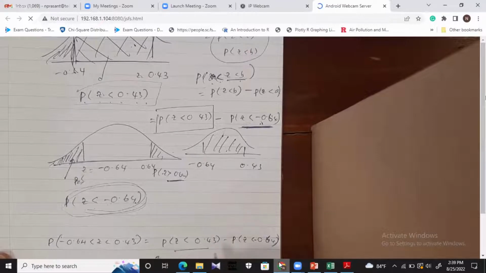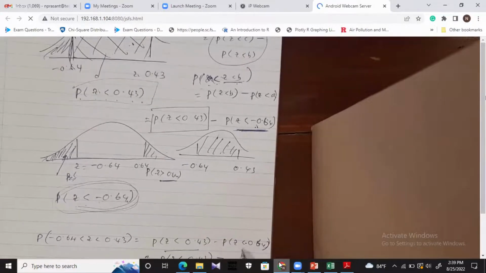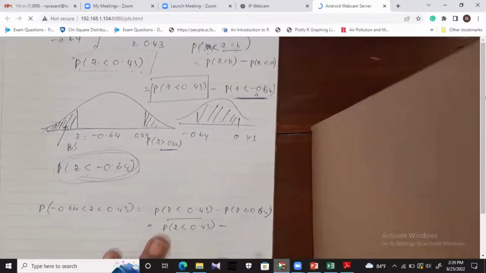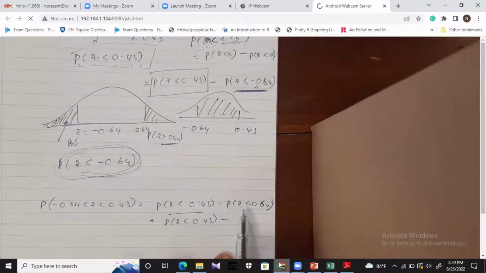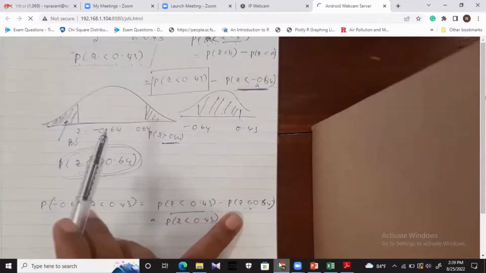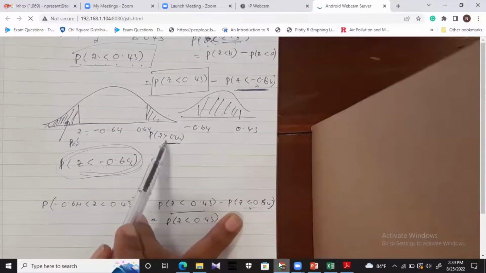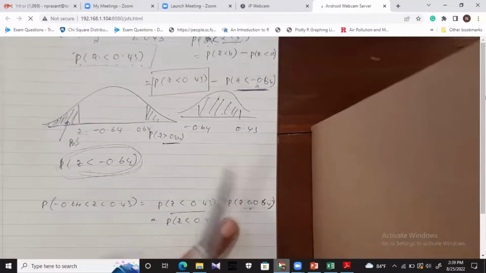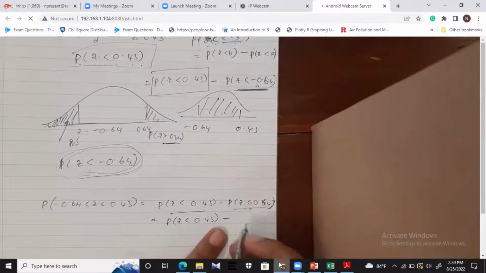We can read the first term from the table, so we keep it the same: P(Z < 0.43) minus. The problem is with this negative value. Therefore, we have to consider the similar region, that is, Z greater than 0.64. So we replace that term by P(Z > 0.64).